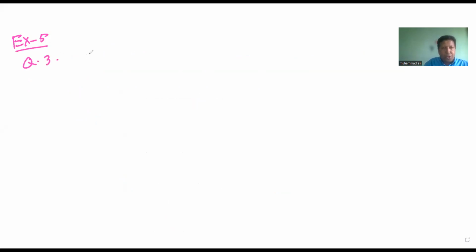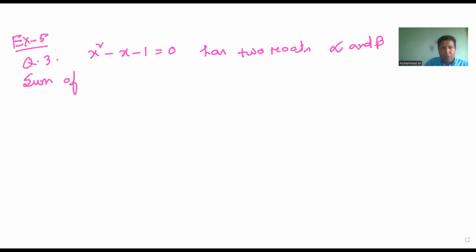Our quadratic equation is x square minus x minus 1 equals 0, which has two roots, alpha and beta. So we have to find the sum of roots.